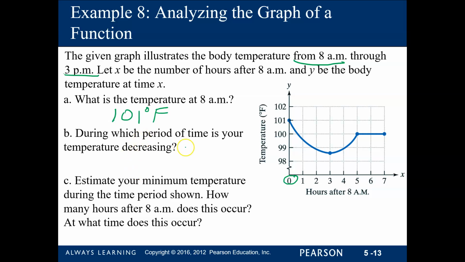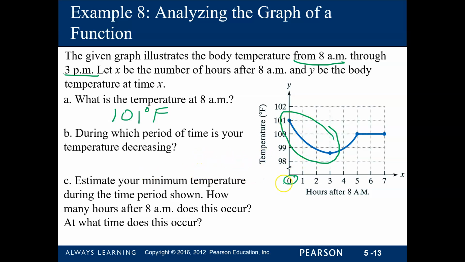Now, during which period of time is the temperature decreasing? So looking at the trend, we know that decreasing is from a high point going to the low point. And in that case, it is going to be this part of the graph. Okay, and so which period of time? So it is asking between what times is it going to be decreasing?